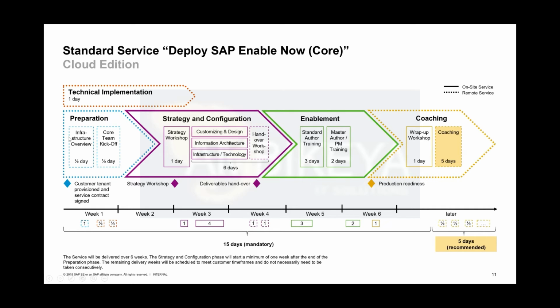The preparation starts with a block called infrastructure overview. That's the briefing session for the customer IT department and support department, which is usually the department that will take over internal support for the solution after a certain period of time. So they need to know what they actually purchased, what their duties are in that context, and what they have to prepare.